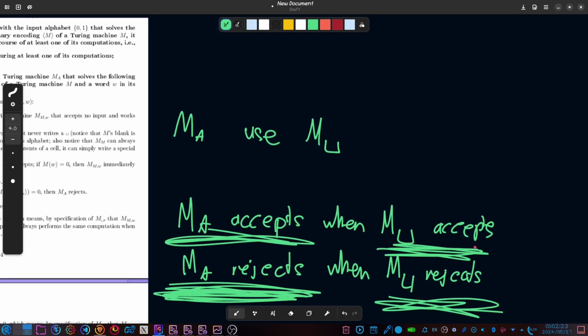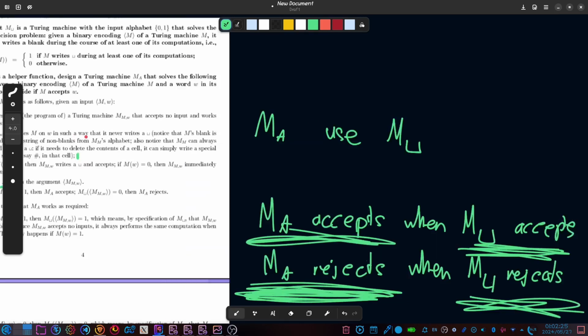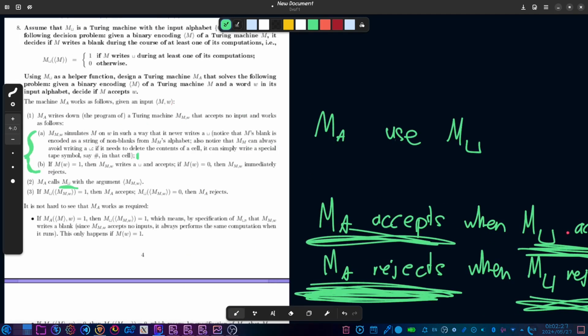This Turing machine will accept whenever M accepts W, which is whenever MA is supposed to accept.